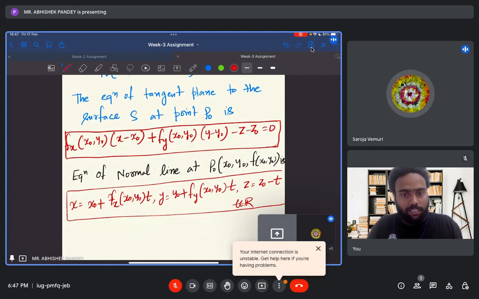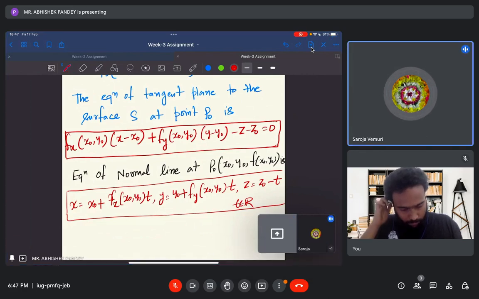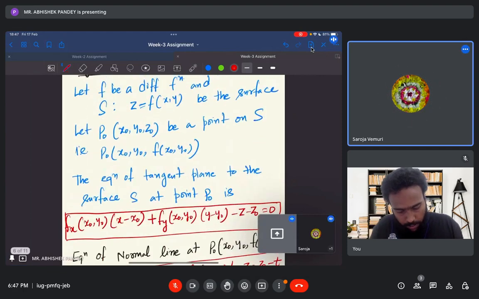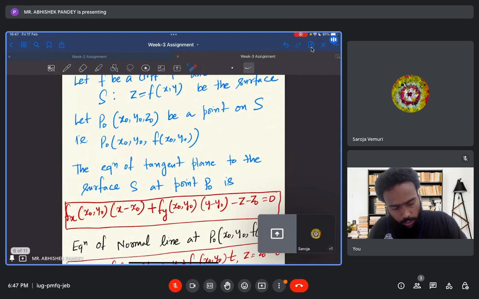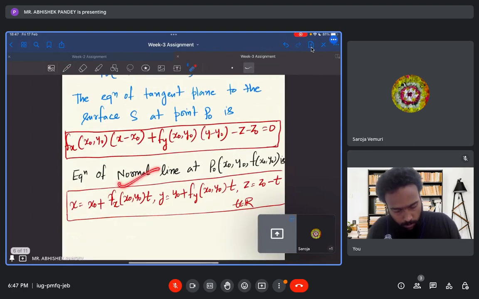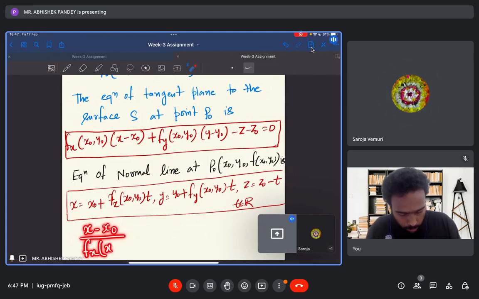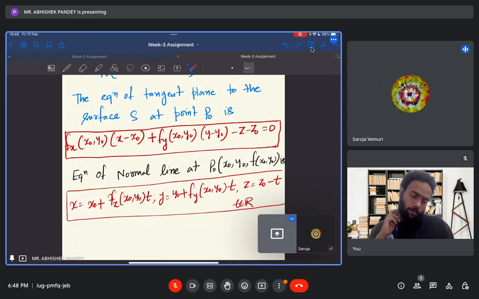The tangent plane of the surface is this formula, and the equation of the normal line is this one. Basically, the normal line passes through x naught and is parallel to this one, so this will be fx at x naught, y naught equals t. So this is coming from this one only.